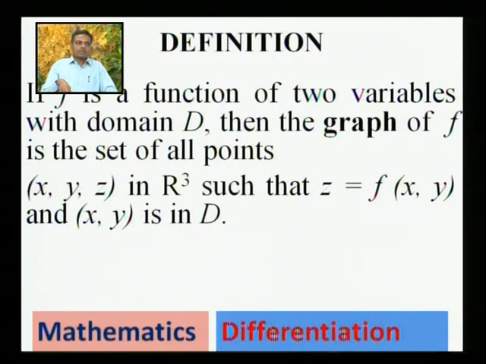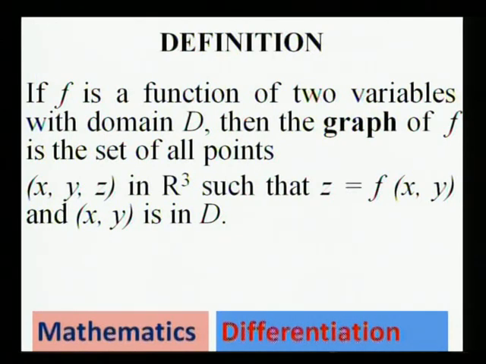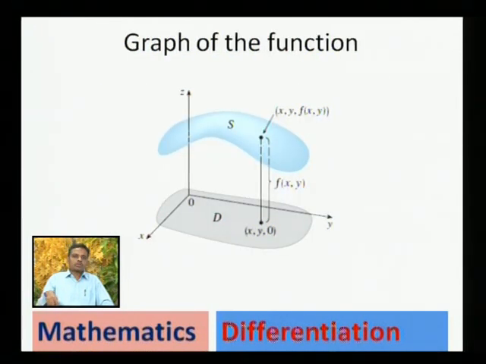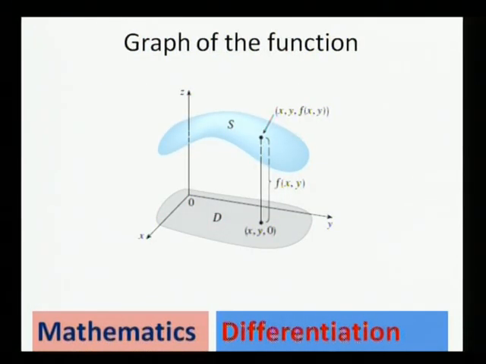Now let us define a function f of two variables with domain D. The graph of function f is the set of all points, the triplet (x, y, z) in R3, such that z is equal to f(x, y) and these (x, y) points are in the domain D. Now you can see the graph of this function.